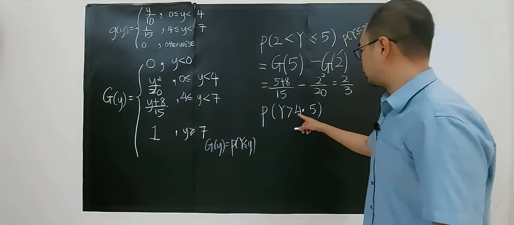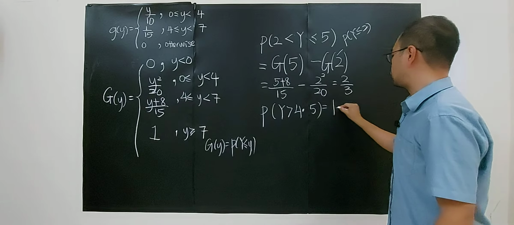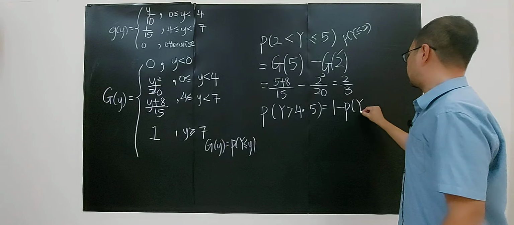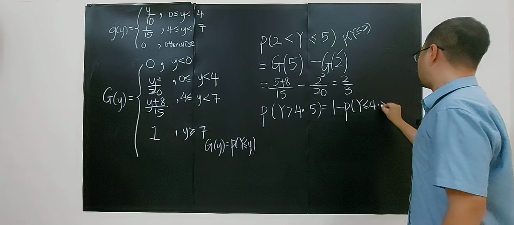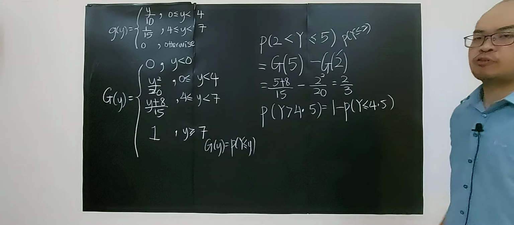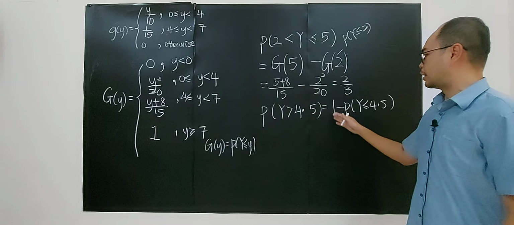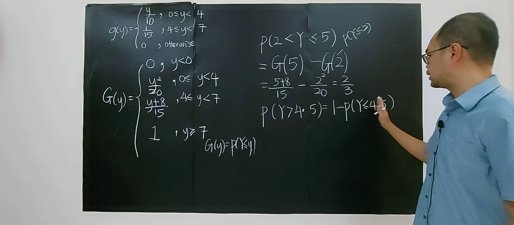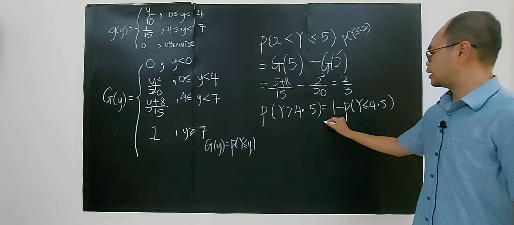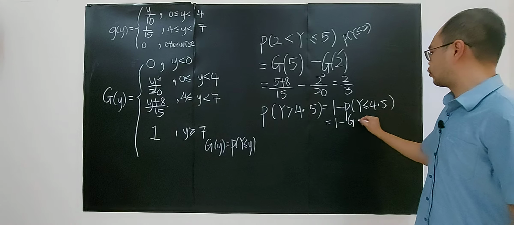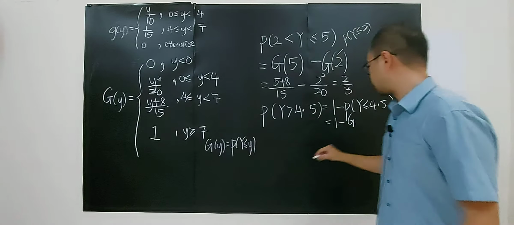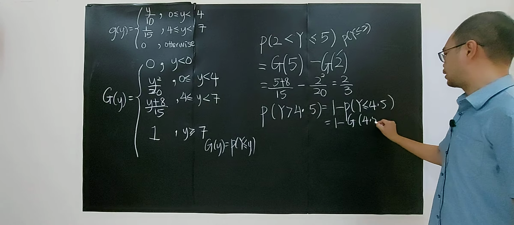So now you have more than, so you can write this as 1 minus P(y less or equal 4.5), or just y less than 4.5. You change from more than to the total probability minus the probability of y less than 4.5.